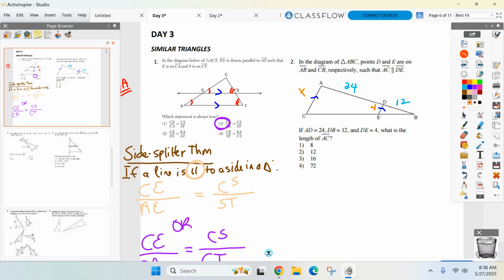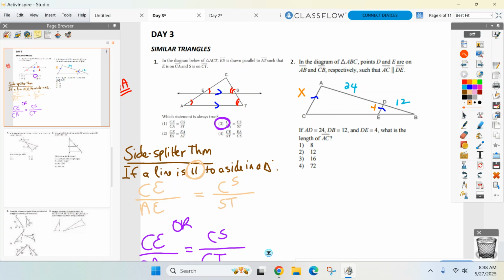Find the length of AC. Even though I was given the parallel lines, I can't use side splitter. Everyone see that? Hey, look. Don't do this on yours. That I would be able to use side splitter on. Okay? You cannot use side splitter if you know the lengths of the parallel lines.